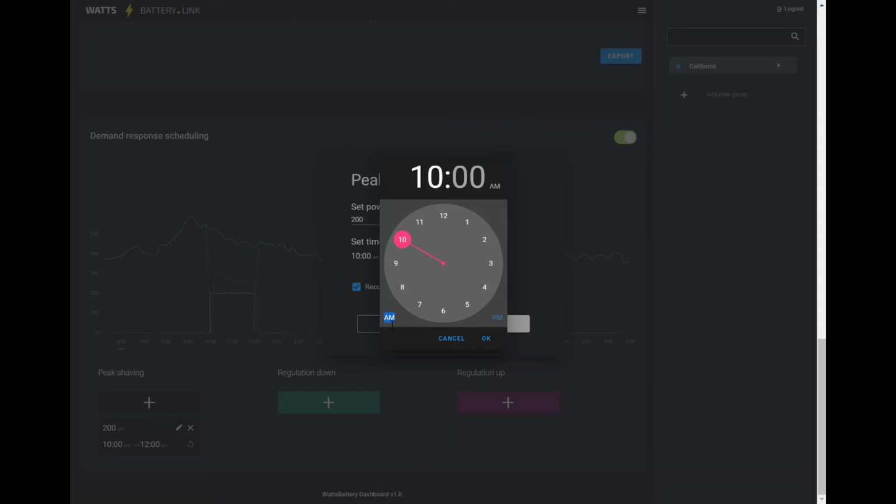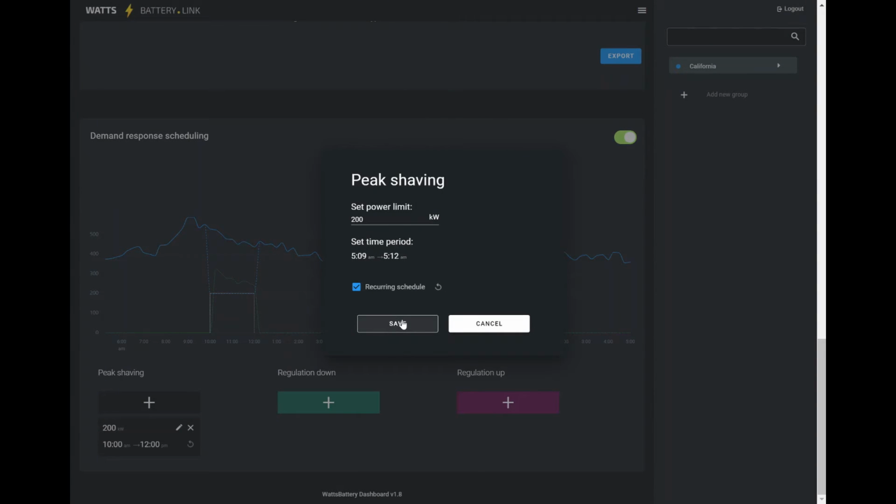Let's put it at 5:09, so I will see it immediately in action, and we set it to finish after a few minutes of operation. Put at 12. Okay, that's it.